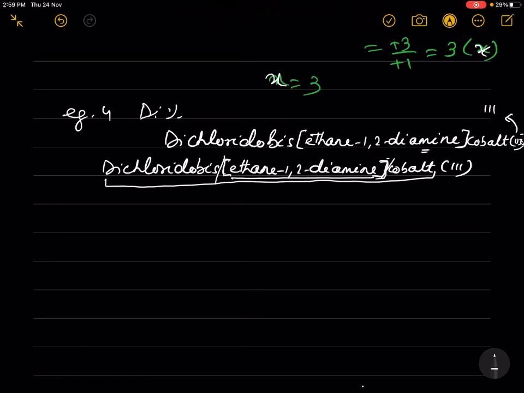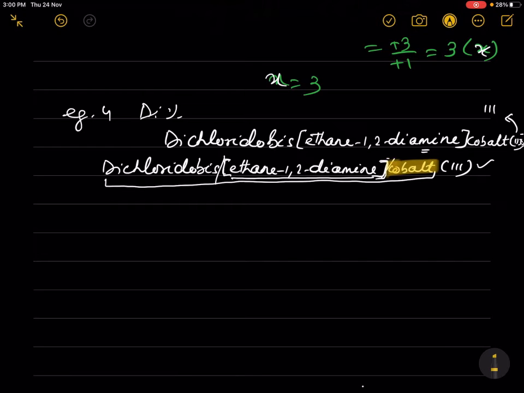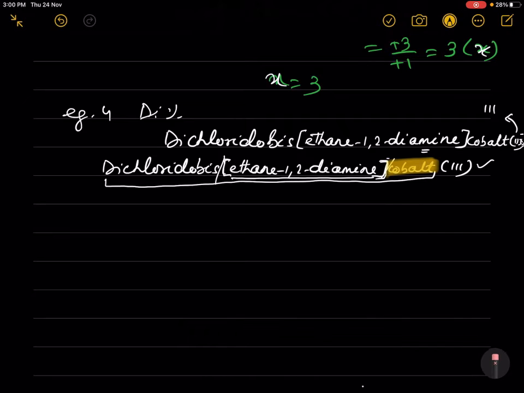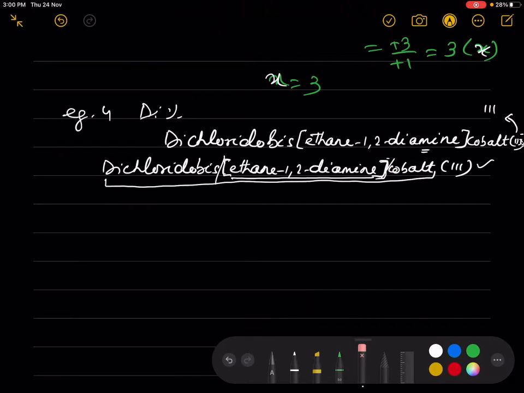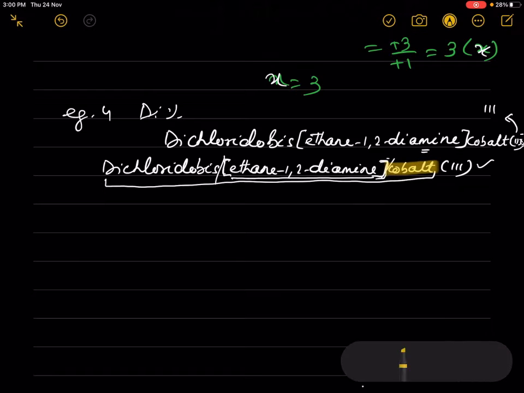Here we have to find the charge, whether it is a neutral complex or cationic complex or anionic complex. Let us find. In the name, we have to find the central metal atom first. Which atom?